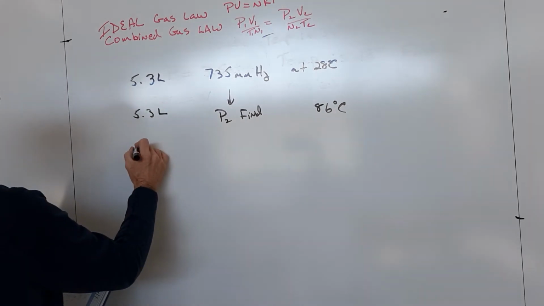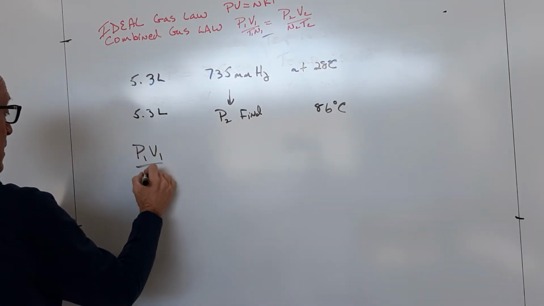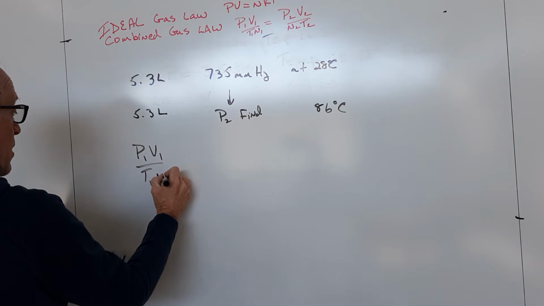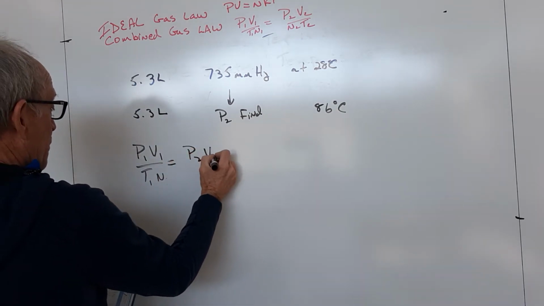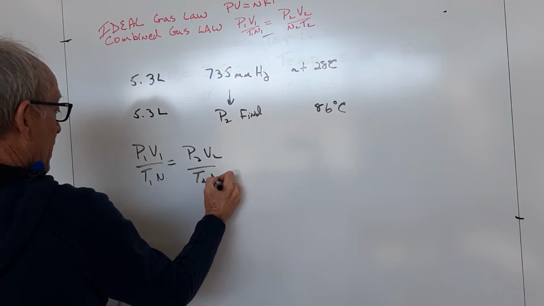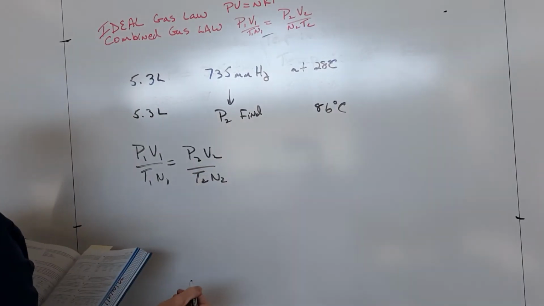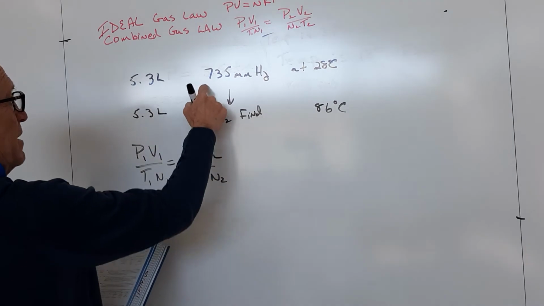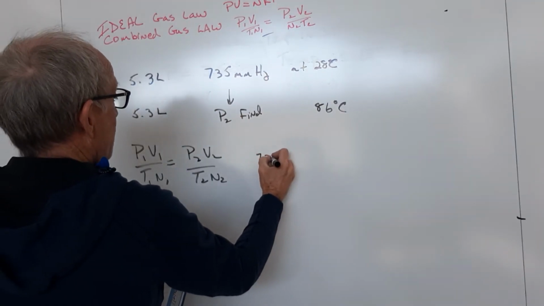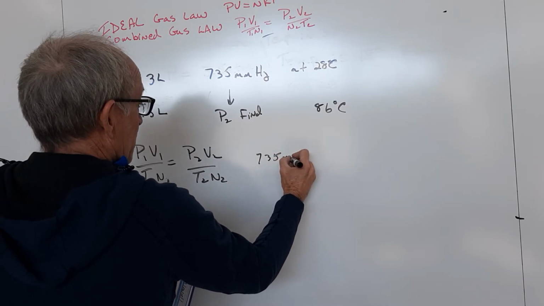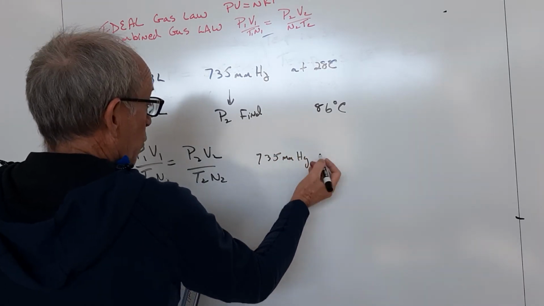So P1 V1 over T1 N1, and I'm going to plug in, equals P2 V2 over T2 N2. What do I got? My initial pressure is 735 millimeters of mercury, which is the same as torr.